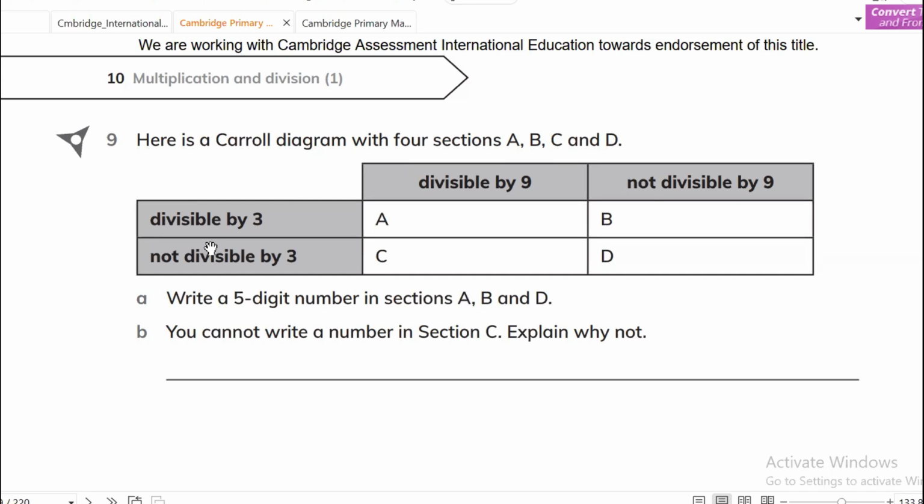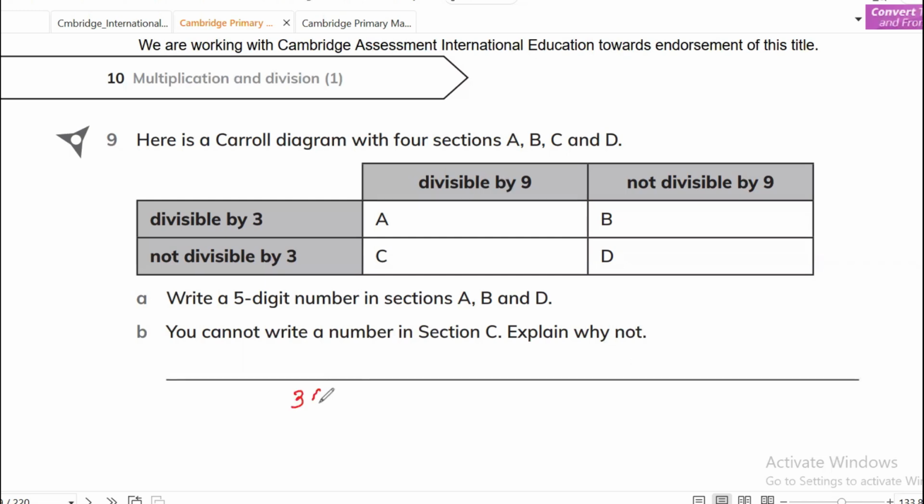Kind of this question we already tried, but here the point is you have to think differently: write a 5-digit number in each section A, B, D. He is not saying C here. Be focused on point C. You cannot write a number in section C, explain why.